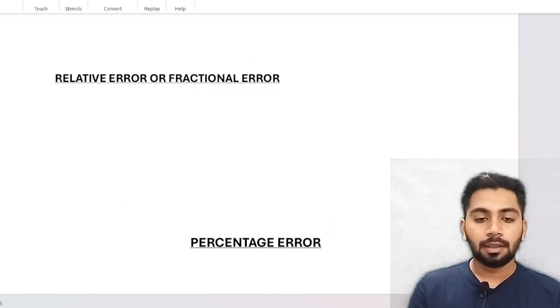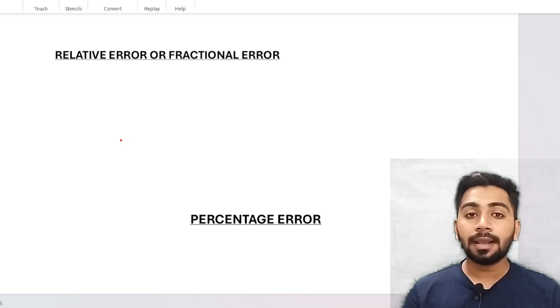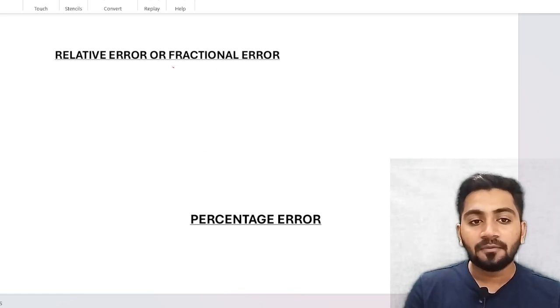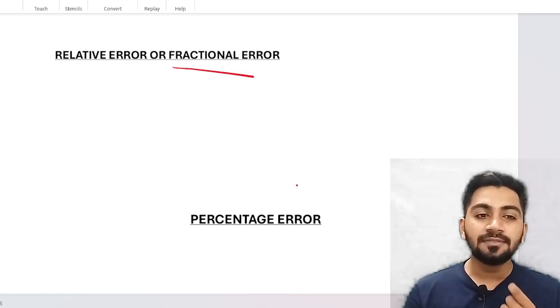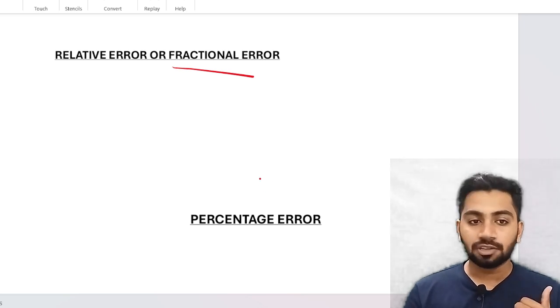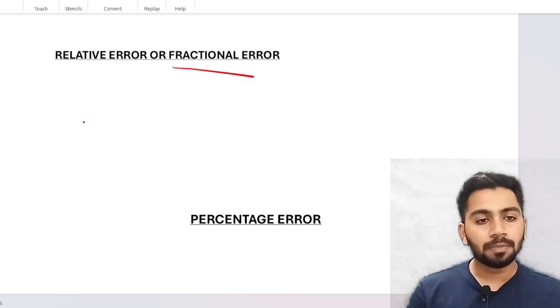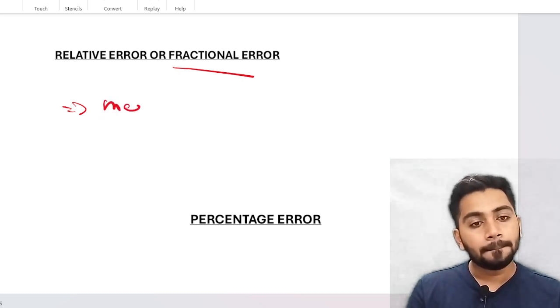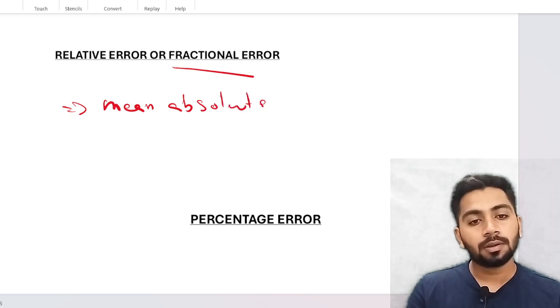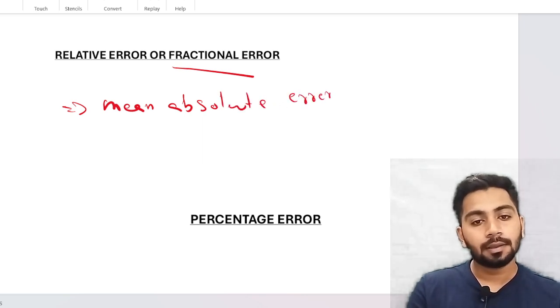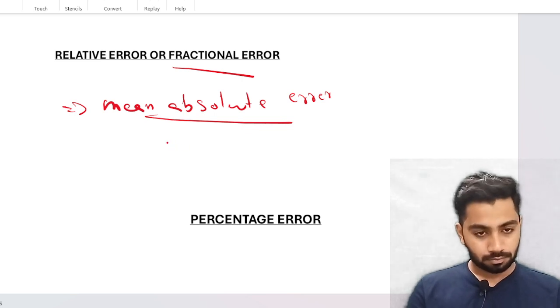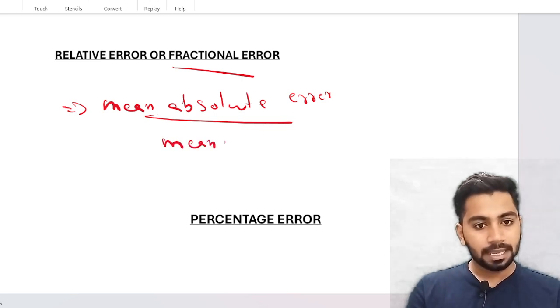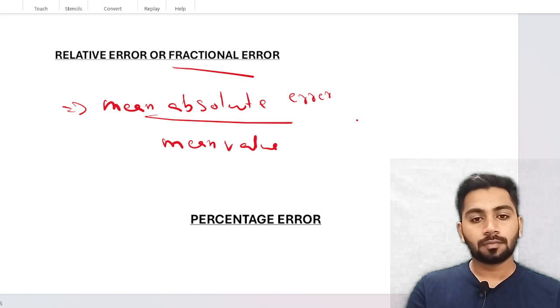Similar. Now let us say relative error or fractional error. See the name, fractional error, which means errors in fraction. It is so simple, right? Relative error or fractional error is given by mean absolute error divided by mean value. Just now we discussed mean absolute error.